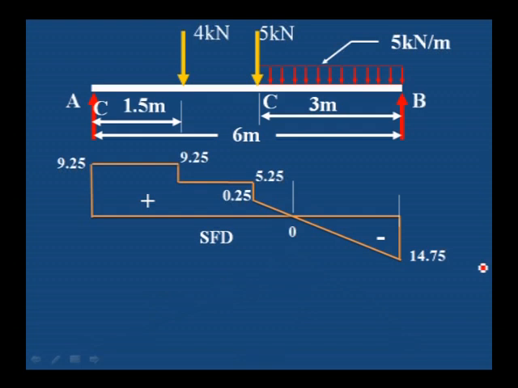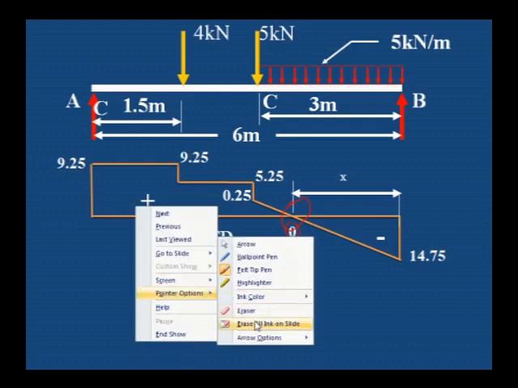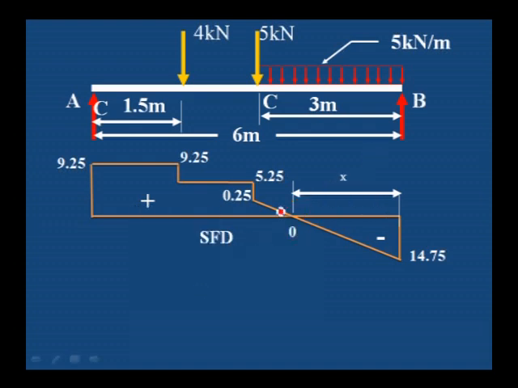Let us calculate the distance where shear force changes its sign. We call this point where shear force changes its sign O, and the distance from O to B as x, and the distance from C to the O point as 3 minus x.